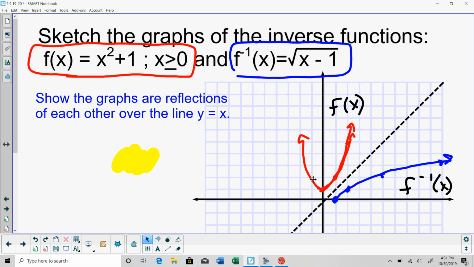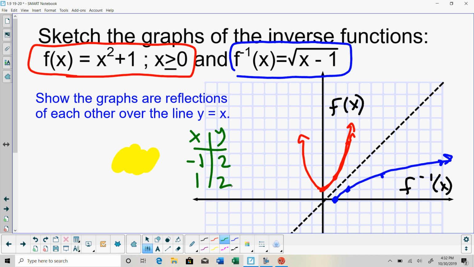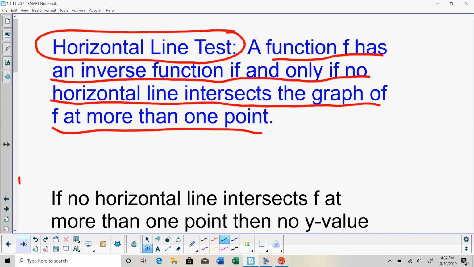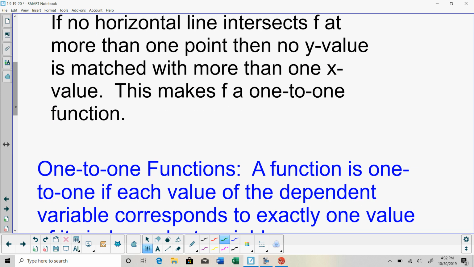But that means if I look at some ordered pairs on there, I would have ordered pairs like -1 goes to 2, and +1 goes to 2. I would have one y value going to 2 different x values. And if that's the case, then that function's not going to have an inverse.